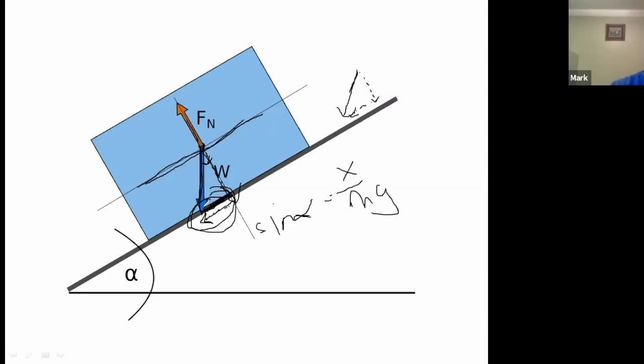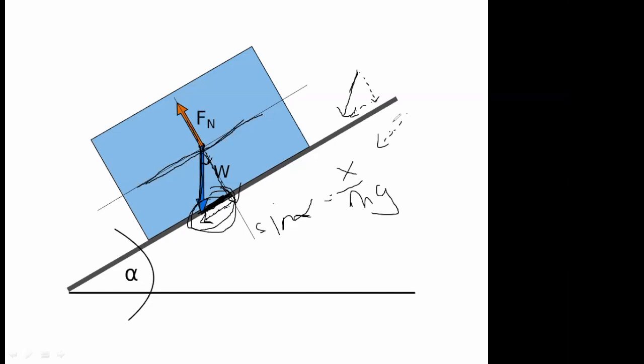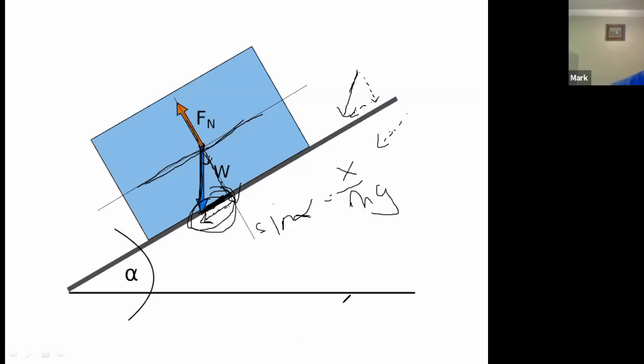So therefore, if we find out what the value of this side of this triangle is, we know what the magnitude of this force vector is. Does that make sense? Yes, thank you. No problem. Any other questions?